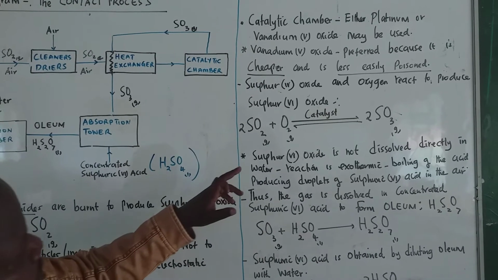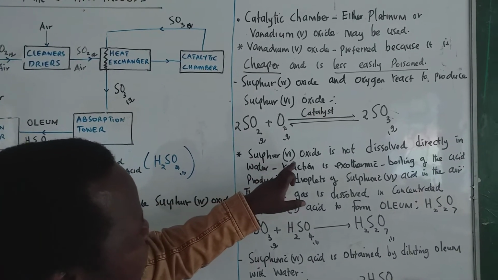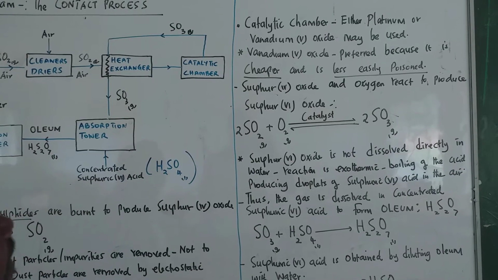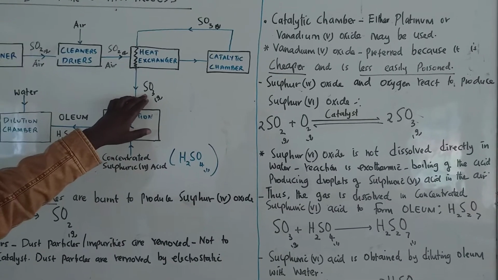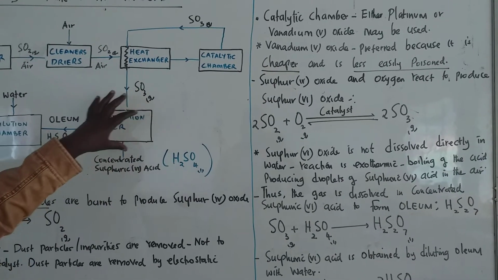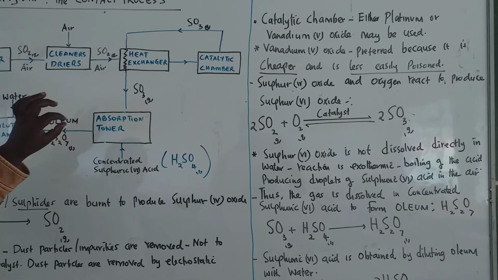Now, sulfur 6 oxide is not dissolved directly in water. Ideally, you would have expected sulfur 6 oxide to combine with water and give you sulfuric acid.